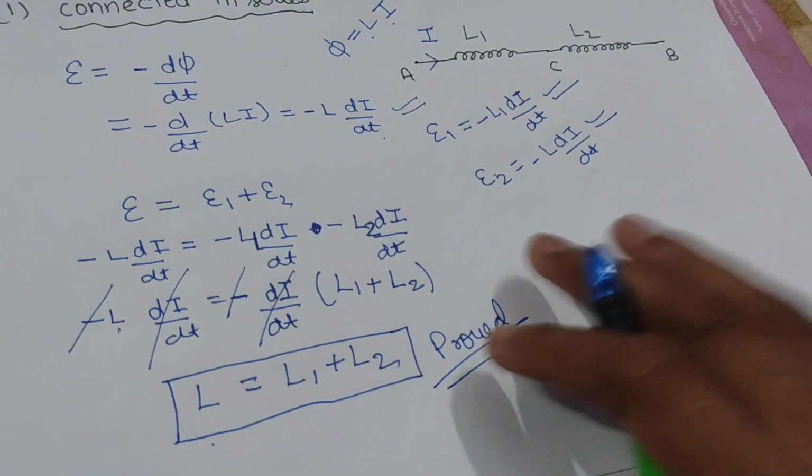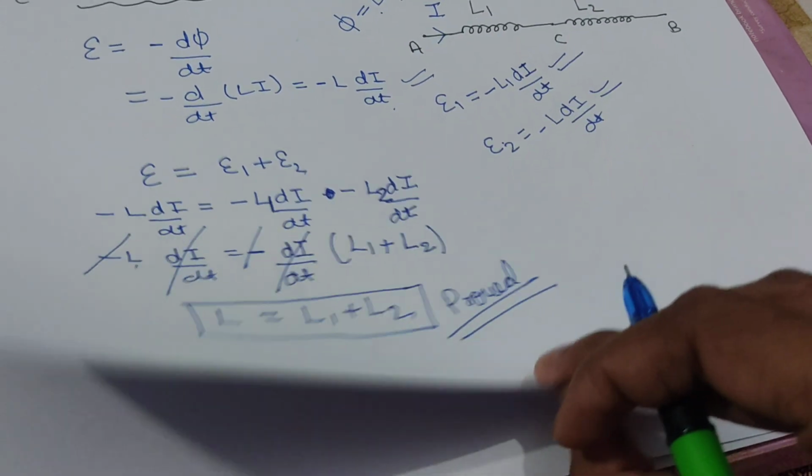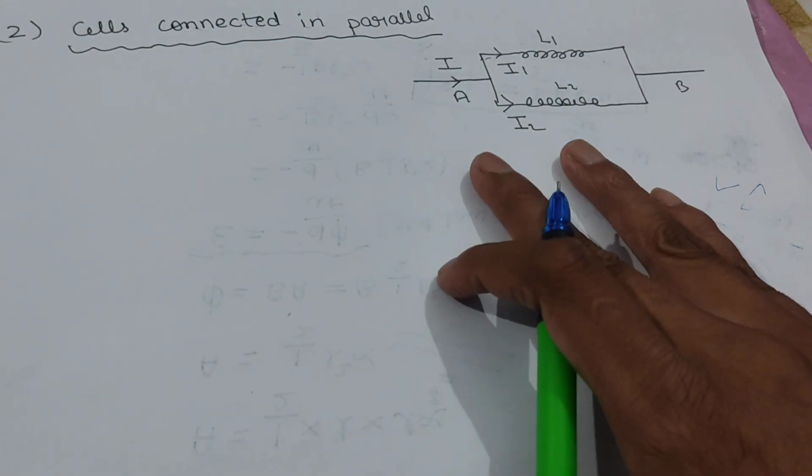Now we will derive the equivalent inductance if the coils are connected in parallel.